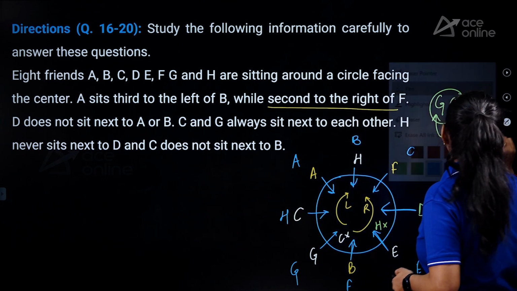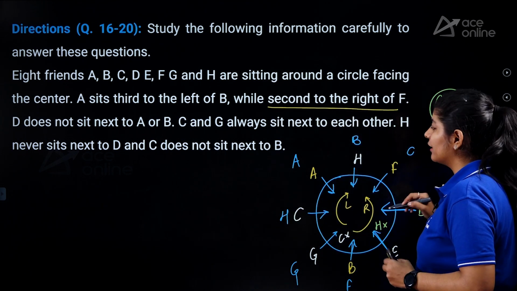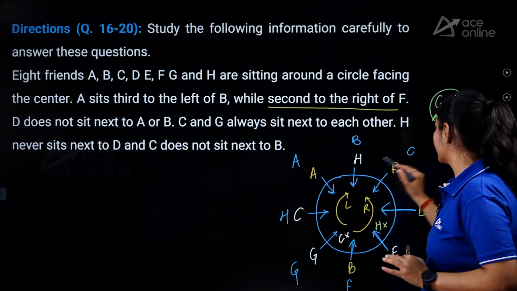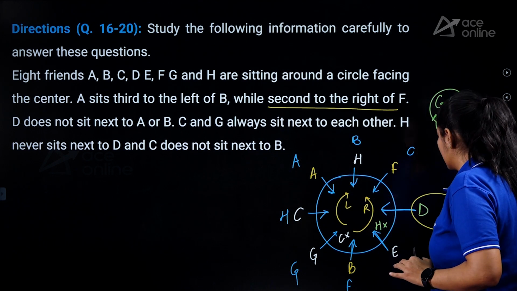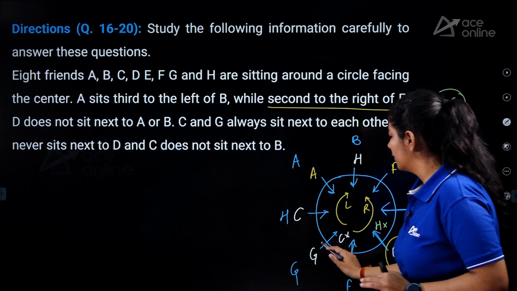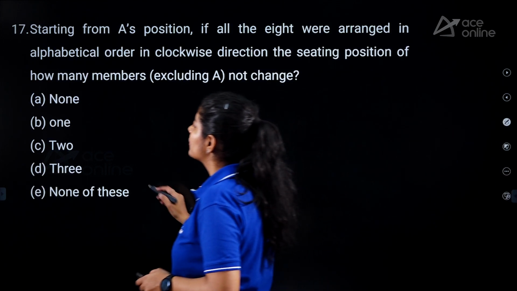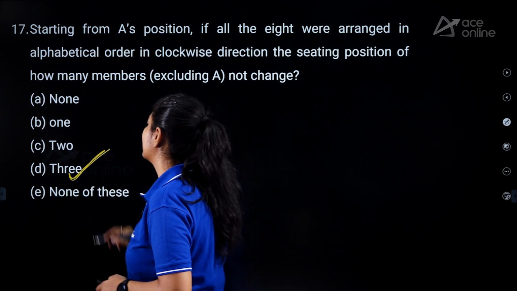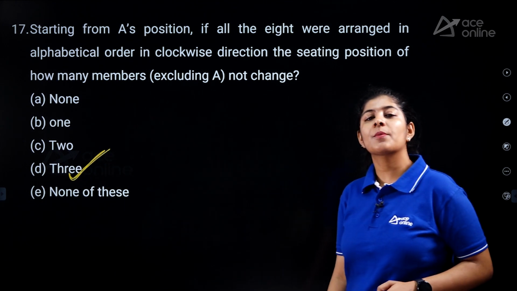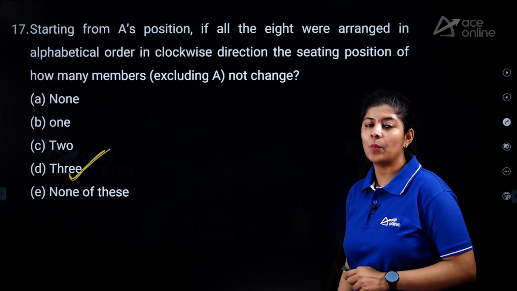Right? So we need to check how many will remain the same except A. So here 1, 2, 3. We have 3 pairs. So we can say that option number D is the correct one.